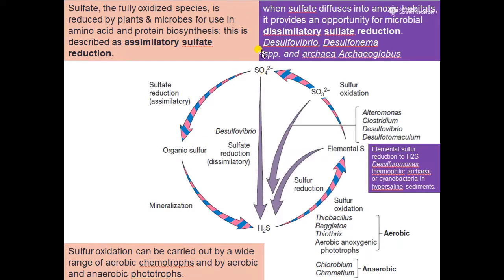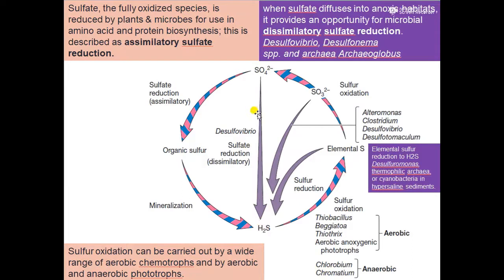So the first process we are describing here is sulfate reduction to H2S, which is carried out by Desulfovibrio, and it is a dissimilatory process. So sulfate, sulfite as well as elemental sulfur can be reduced to form H2S.